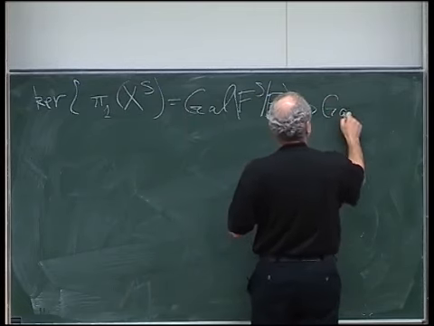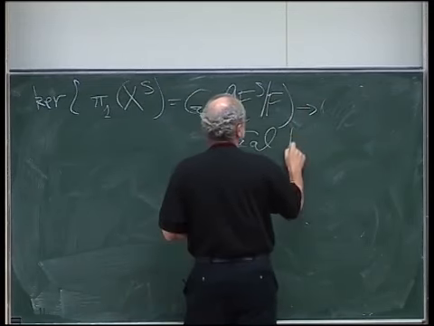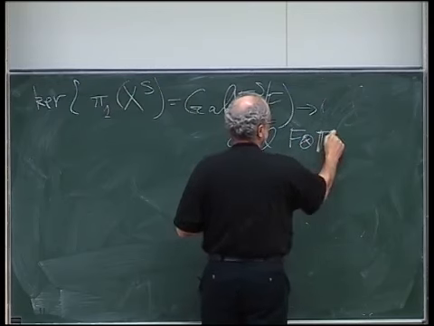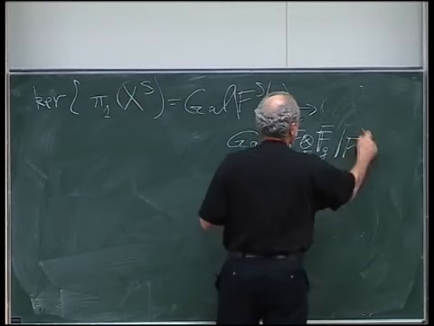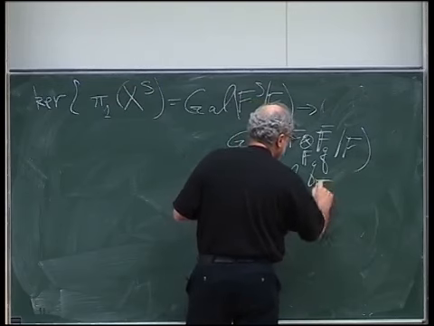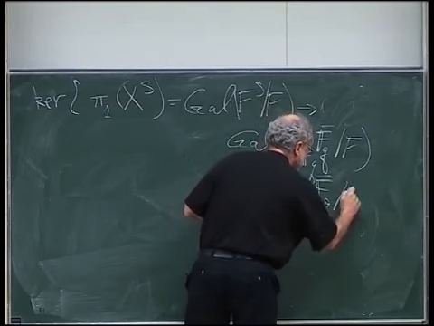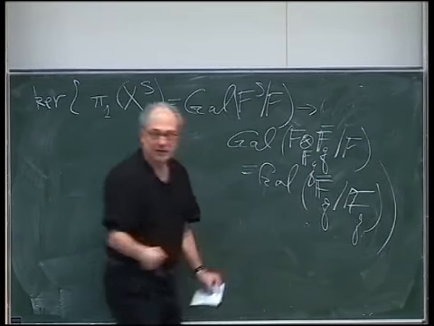The Galois group of F_S over F, which is just the Galois group of the algebraic extension over F_q generated by the Frobenius.